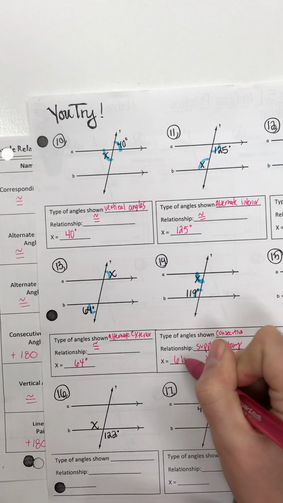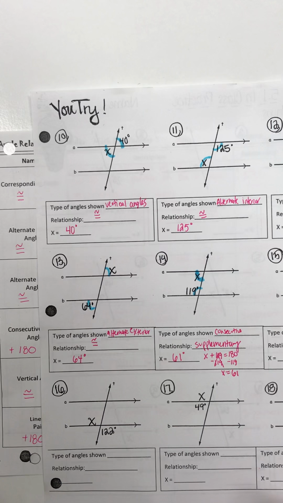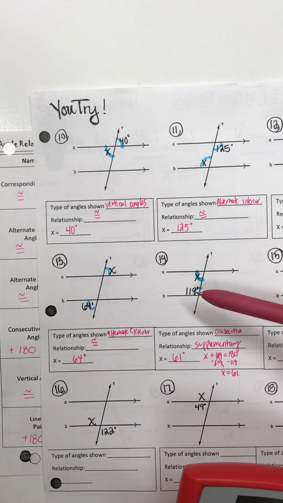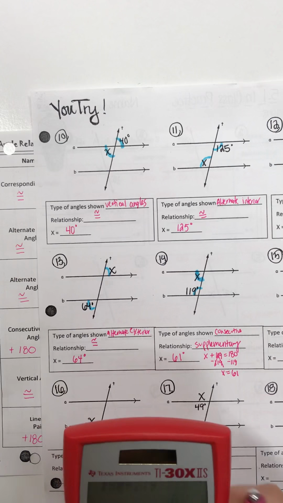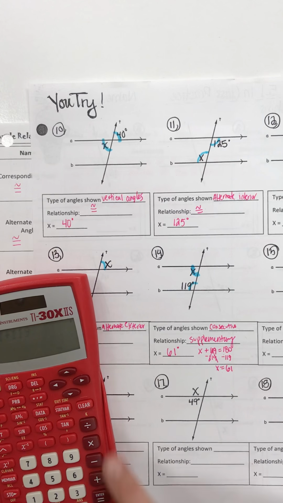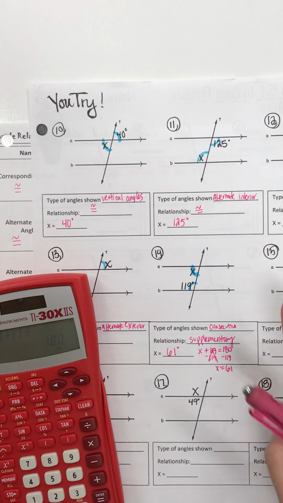So on the line we want to put 61 degrees. If you want to check that, that means that 61 plus 119 gives me 180, which it does, so I know that I'm correct.